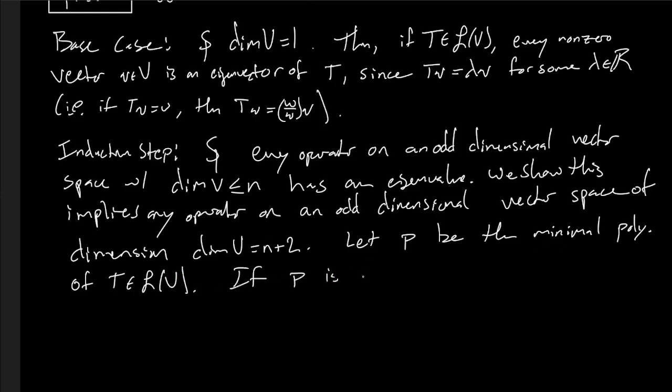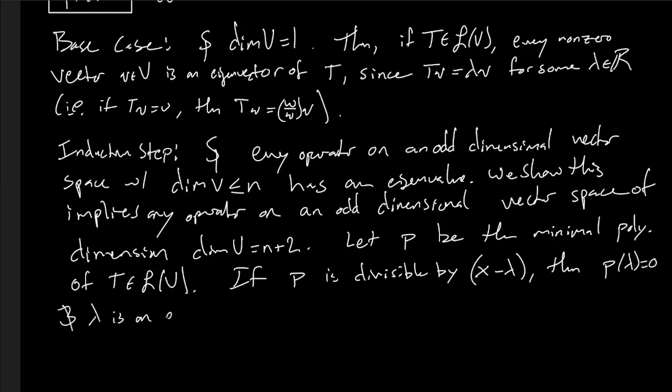If p is divisible by x minus lambda for any lambda, to keep everything monic, then p of lambda is equal to 0, and lambda is an eigenvalue of T.